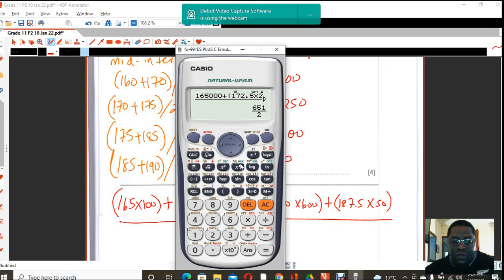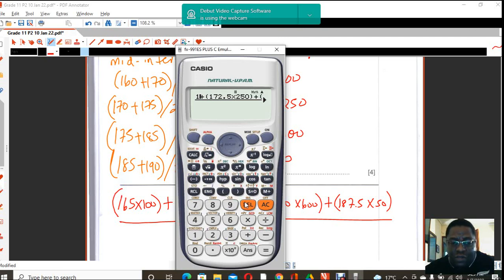I think we have missed something. Let's go on top. This is 187.5 times 50. That is 180 times 600. 172.5. Okay, 165 times 100. It's supposed to be only, oh, yeah, an extra zero.